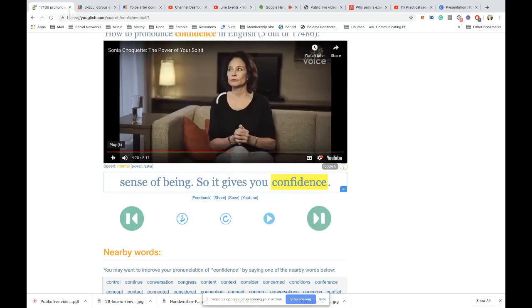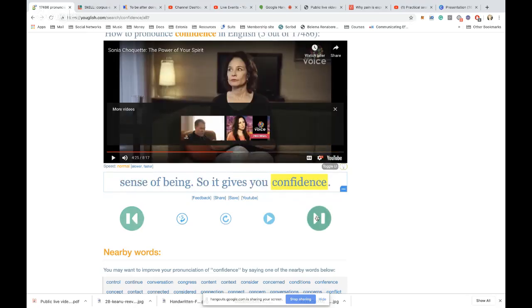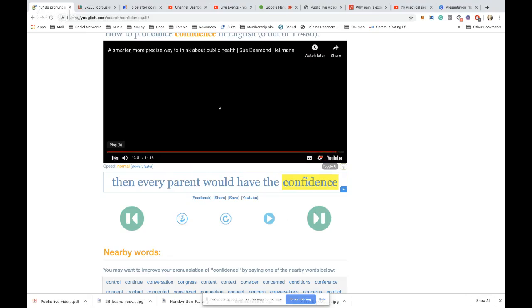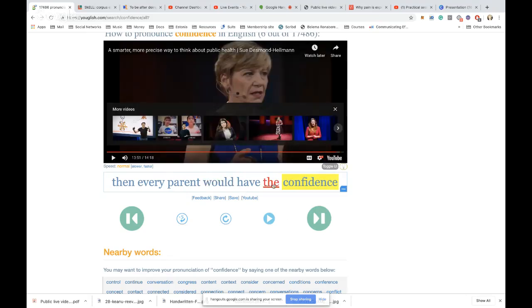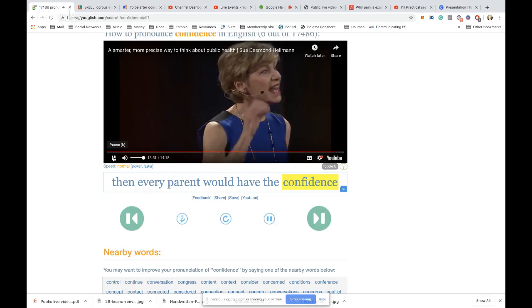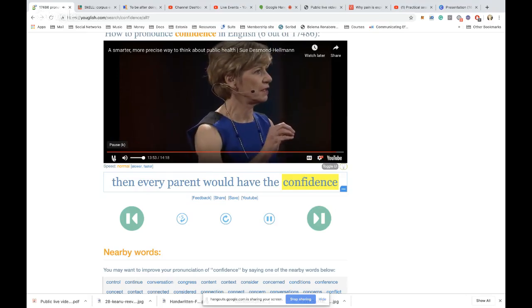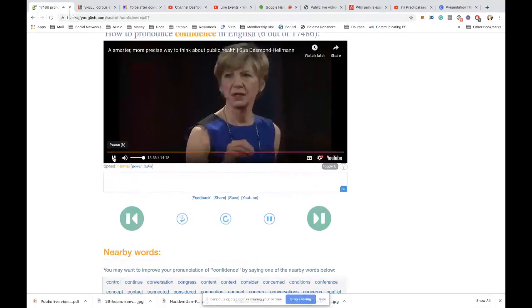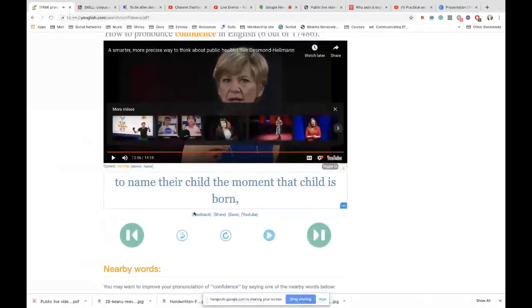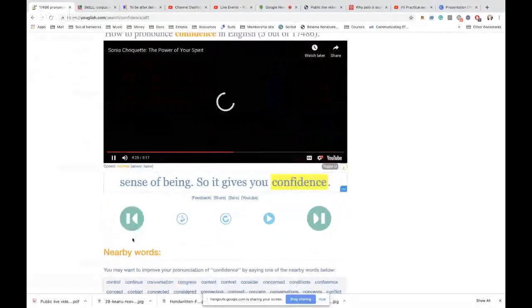So it gives you confidence, no article, but here, every parent would have the confidence to name their child. You see, because she explains what kind of confidence, she uses the confidence to name their child in the moment the child is born.